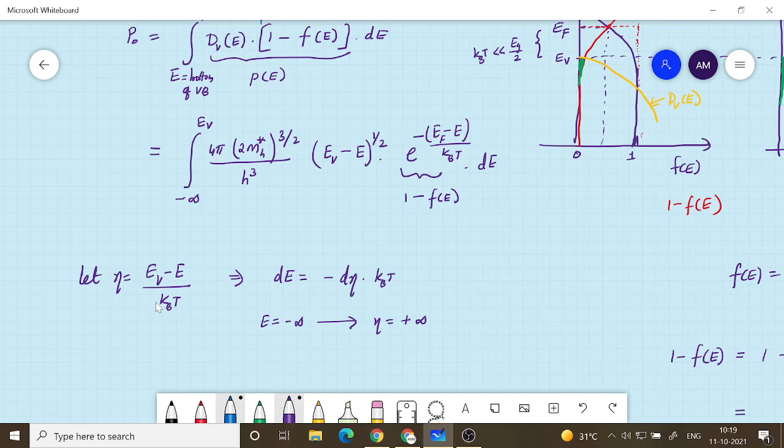Okay. Then if E is equal to EV, that is the upper limit, E is equal to EV means eta equal to 0. So now let's substitute all of this.